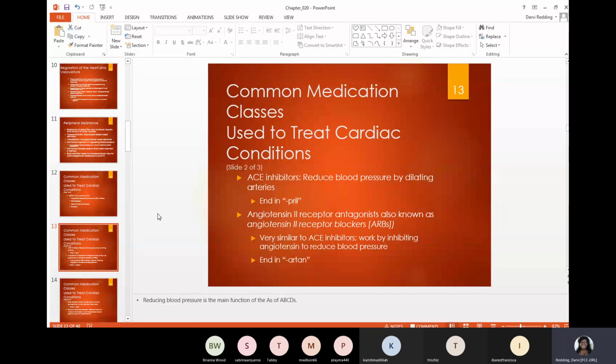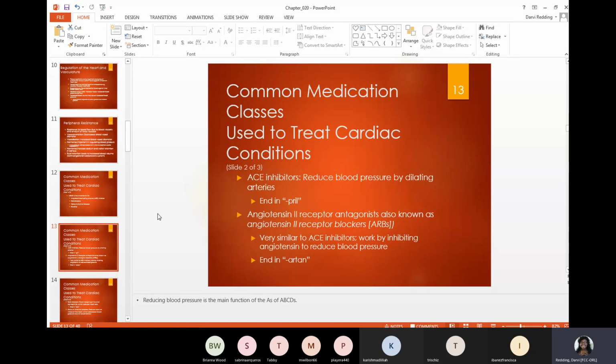An example of pril would be enalapril, lisinopril, captopril. All of these are examples of medications that would be an angiotensin converting enzyme inhibitor. And that way, as a pharmacy technician, when you see the generic name, you'll remember and know what drug class it belongs to.